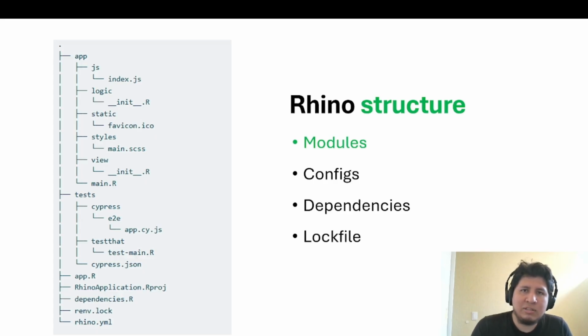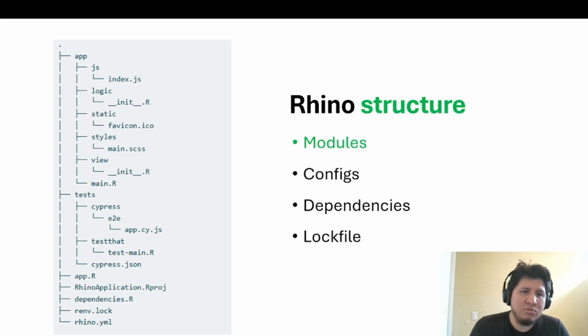Two important folders are the logic folder, which is where you will introduce pretty much functional logic for your software, and the view folder where you will define your pages, your web components, etc. I'm explaining this because it will be useful later.